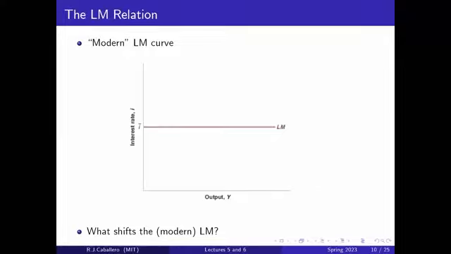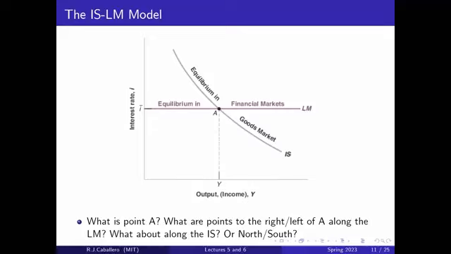So now we're set, because once the Fed decides to set this interest rate, we can find not only the equilibrium combinations of interest rate and output that are consistent with equilibrium in the goods market, but the particular equilibrium level of output that is consistent with that interest rate. And that's exactly equilibrium output. So given the LM, now I look at the intersection with my IS, and that gives me equilibrium output for that level of the interest rate, which is being set by the Fed.